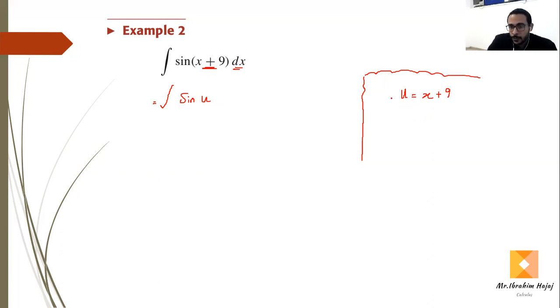That's why we have to find the derivative of u. du over dx equals the derivative of x, as we learned in the first term, is 1, and the derivative of 9 is 0. Now du equals, with me, cross multiplication, as 1 has a denominator of 1. If we do a cross multiplication, it gives us du equals dx.